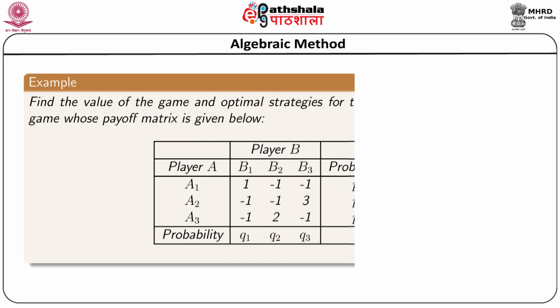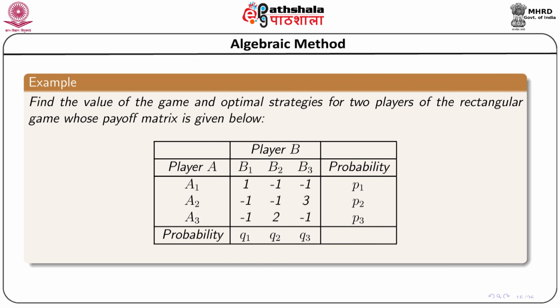Let us take an example. Find the value and the optimal strategies for two players of the rectangular game whose payoff matrix is given below. Here we have three strategies A1, A2, A3 for the player A and three strategies for the player B, that is B1, B2 and B3.